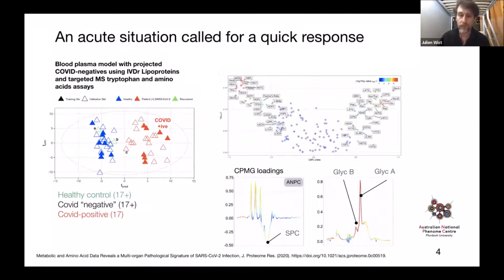So those signals were very, very strongly highlighted, and one is pointing to an increase.